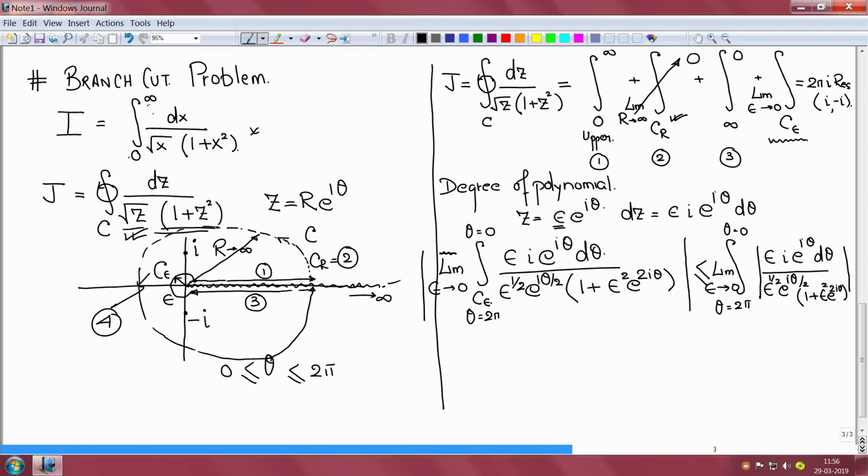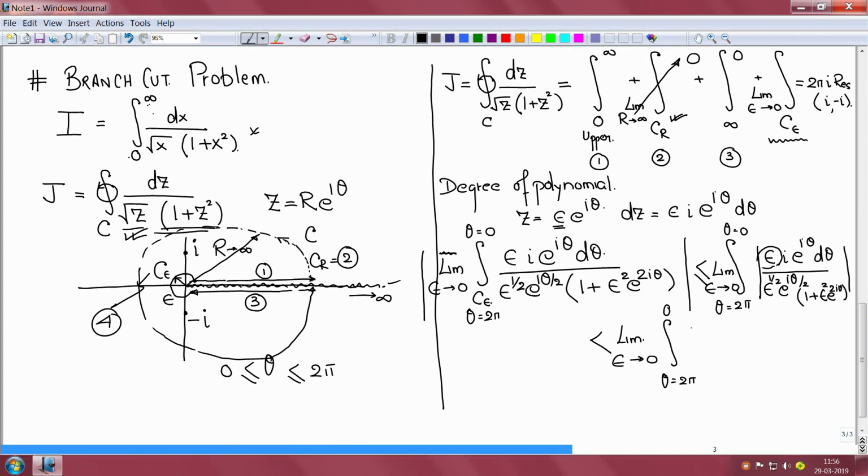We can informally see that epsilon sits separately on top, so this will go to 0. Or if we still want to do it formally, we say this is strictly less than the limit epsilon tending to 0 of the integral from theta equal to 0 to twice pi.